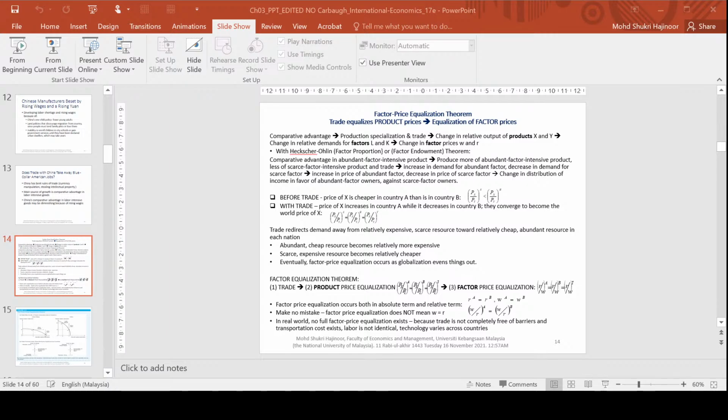So before trade, the price of X is cheaper in country A compared with country B. This is before trade, pre-trade.